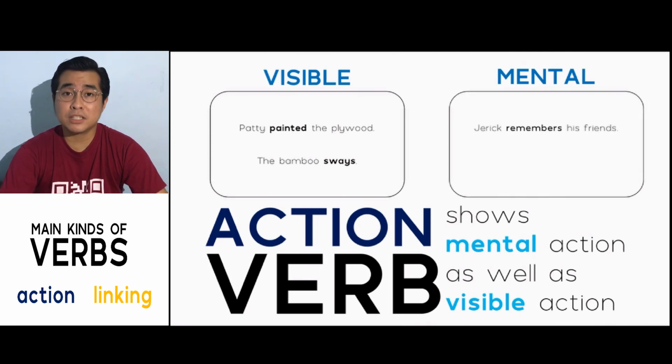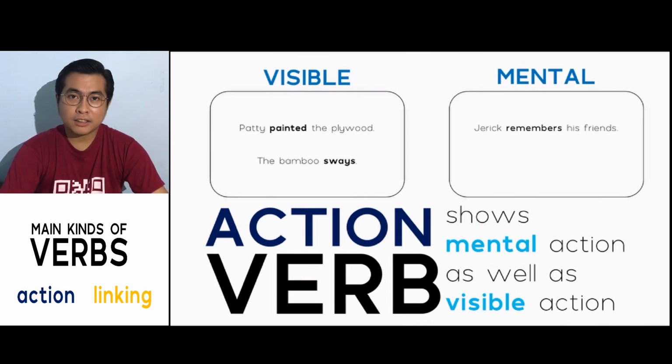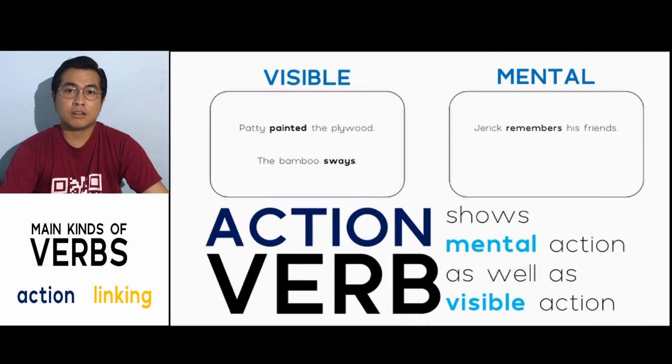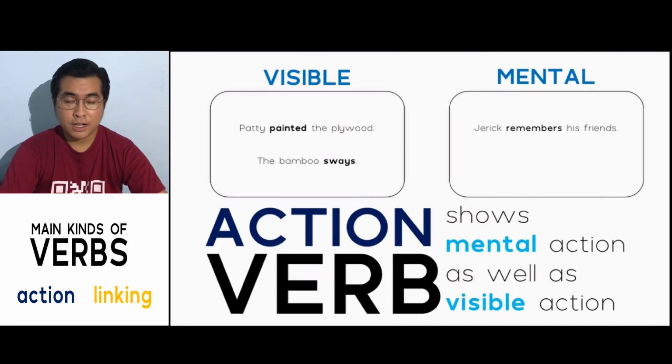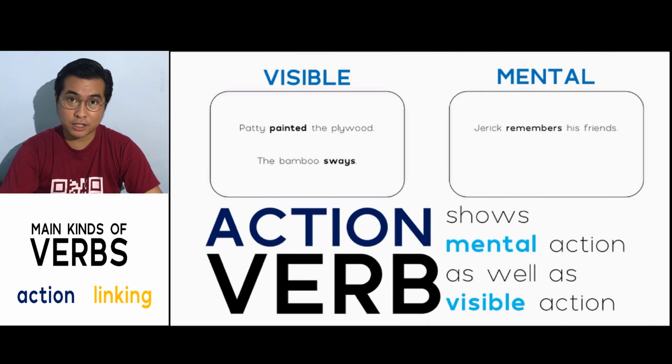Jerick remembers his friends. For mental action verbs, you cannot observe the action directly from the person you're observing, but there could be some manifestation that you could observe. The direct action verb itself, you cannot really observe, because it is going on inside the mind of the person.